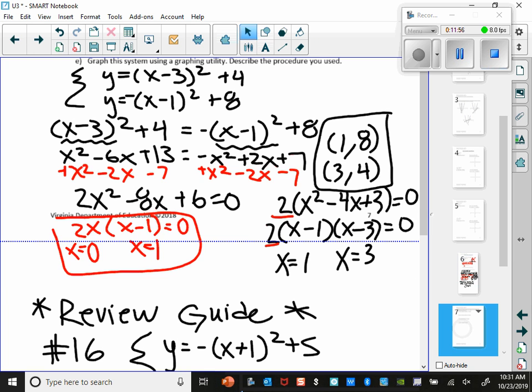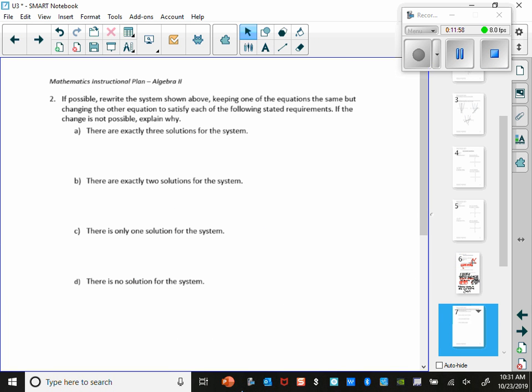All right, so looking at our next couple of questions. These were just a variety of answers that could have worked. You could have just created new ones. So let's think about if you have 2 quadratics, so 2 of those U-shaped graphs. Can you ever have 3 solutions?